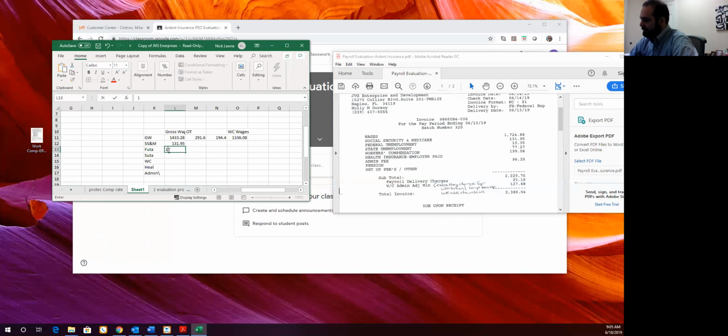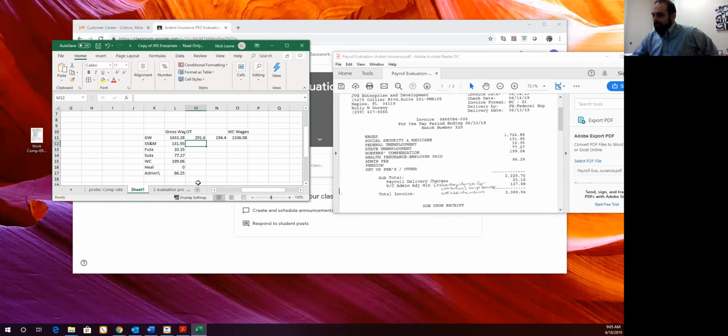So once I put that out, I'm going to do the math and figure out what those percentages are. So that's just a ratio formula.